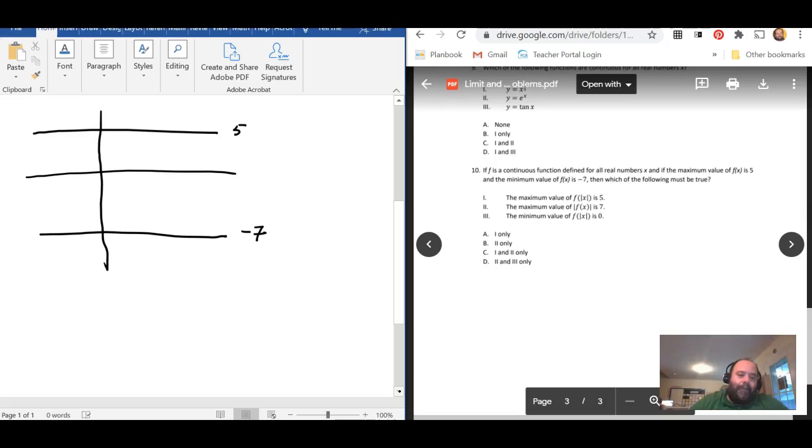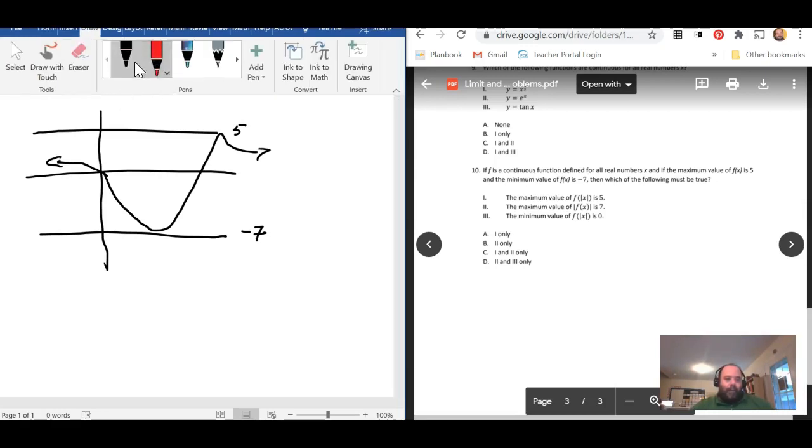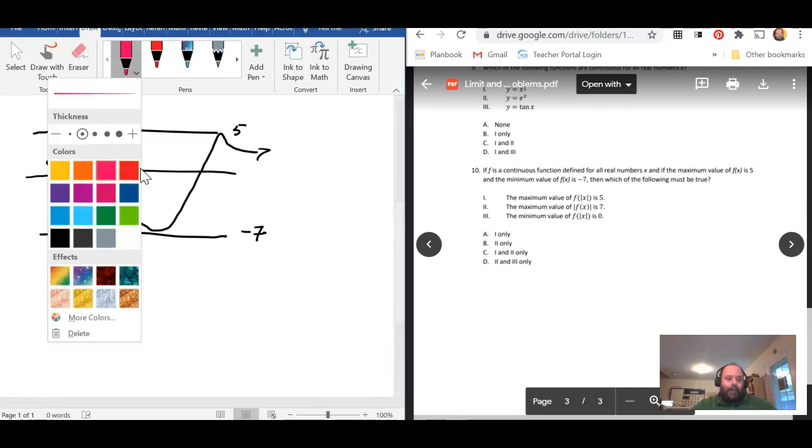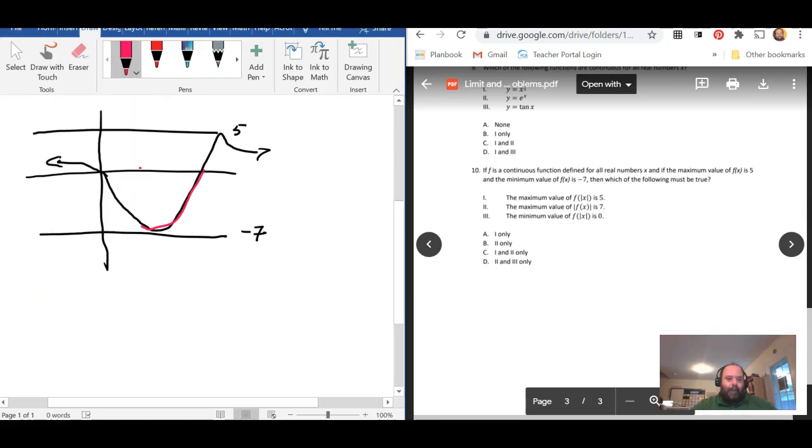If the original function goes down to -7 at some point, up to 5 at another, and then stays wherever in between, when I take the absolute value of f of x, the part below the x-axis, so let's get a little color to this, this part, the part below the x-axis. So this is the x-axis here, this is the y-axis. Now, when I take its absolute value, it is above the x-axis.